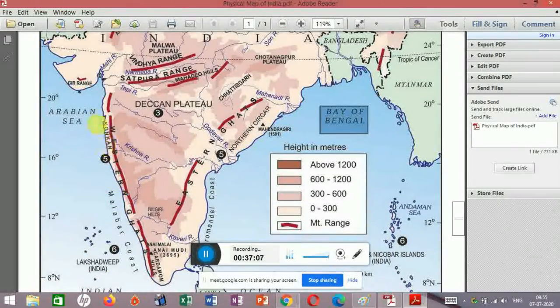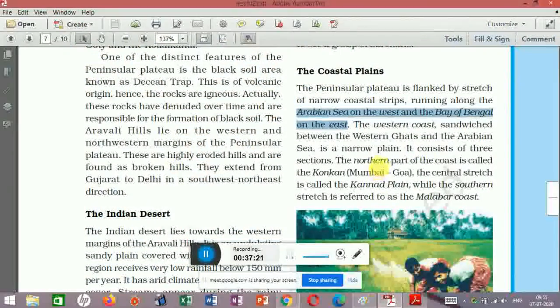This area is the western coastal plain, and this side is known as the eastern coastal plain. So we have two types of coastal plain: the western coastal plain lying along the Arabian Sea, and the eastern coastal plain along the Bay of Bengal coast.